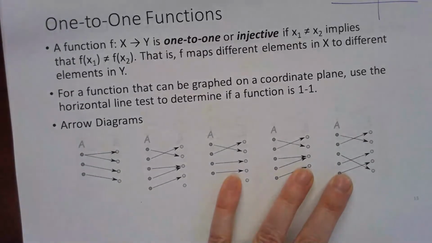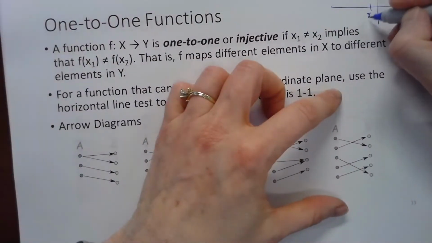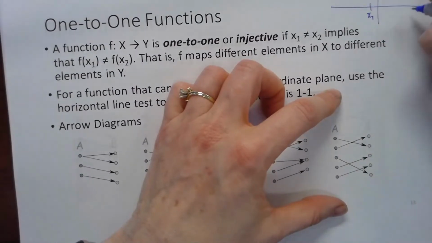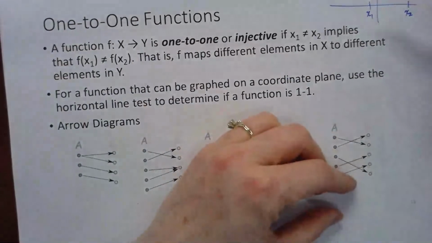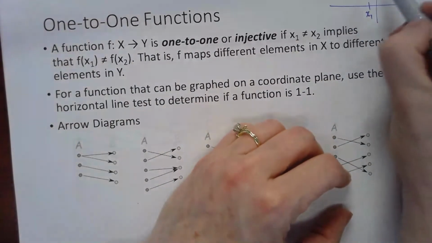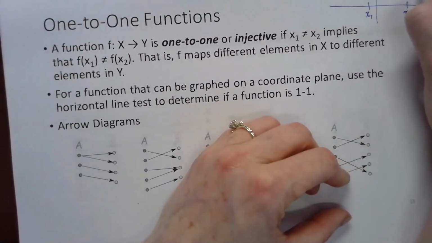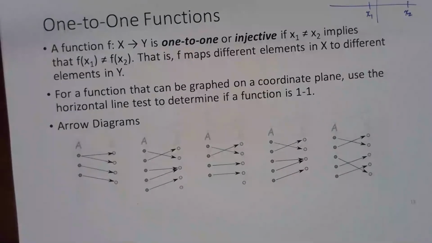But it's not one-to-one. If I look at an x value here, and another x value over here, these two map to the same value. So f(x1) and f(x2) are exactly the same.